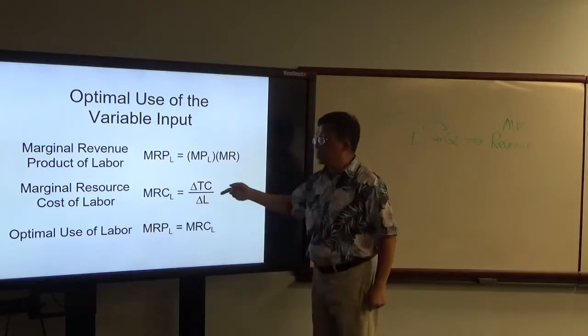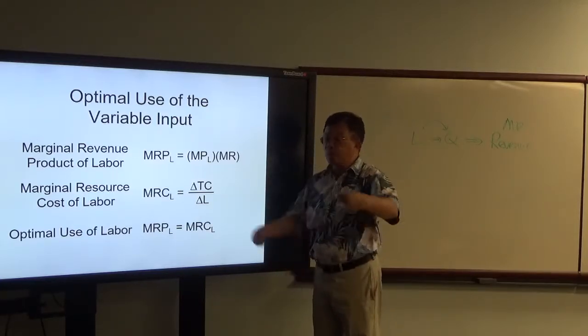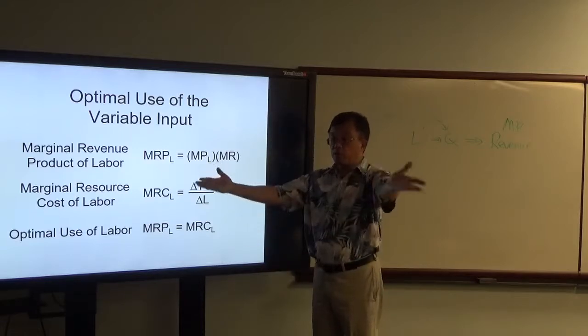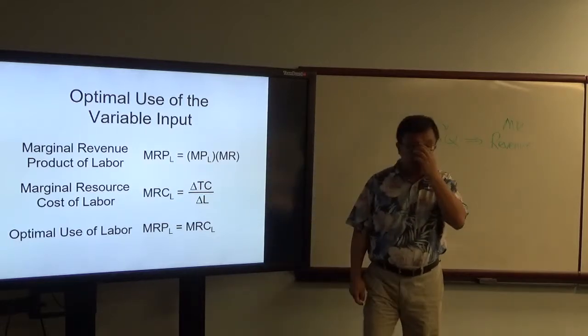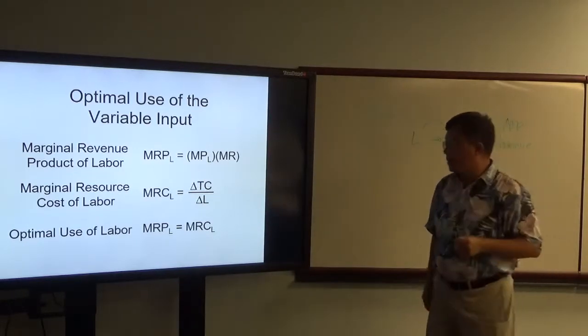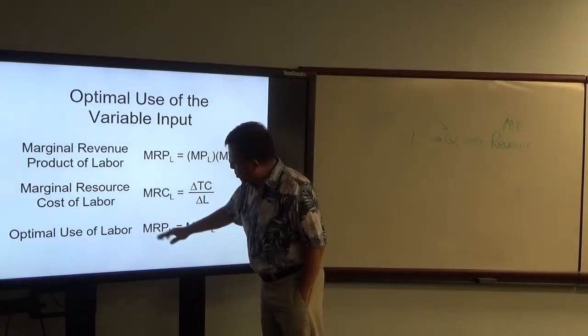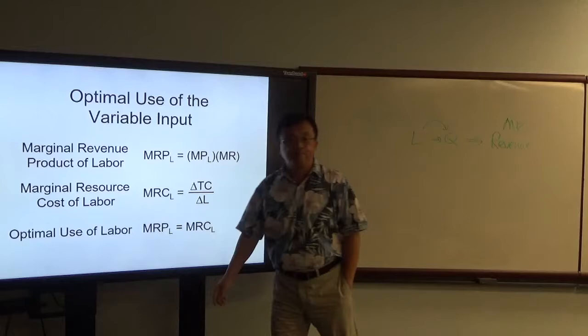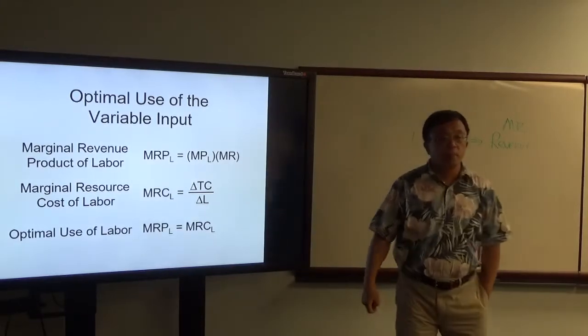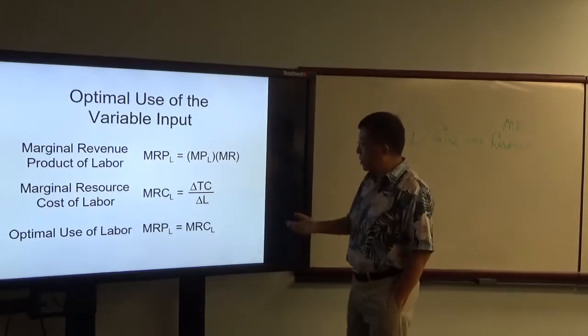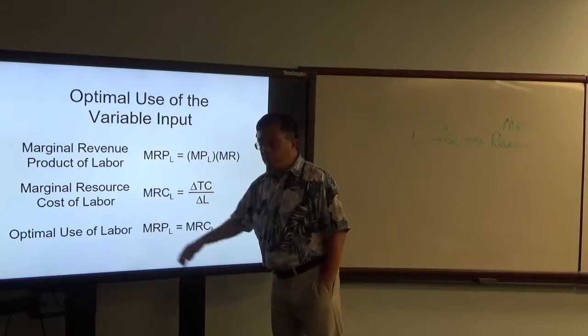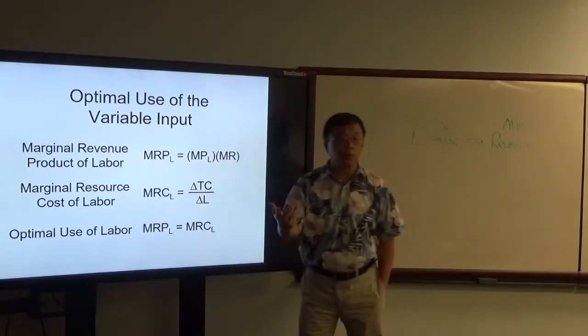So basically, if you use one more worker, what's the additional cost? The additional salaries you have to pay. Right? So the optimal use, this is the equation. If you use one more unit of labor, the additional revenue should be equal to the additional cost.